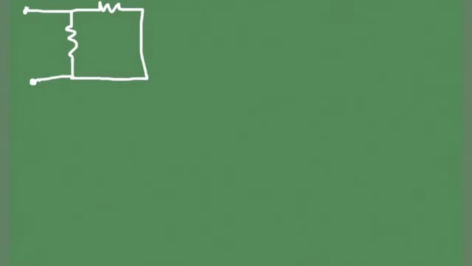So if this is what you have there, this is how they're connected. You can call this one R1 and R2. Are these resistors connected in series or parallel?